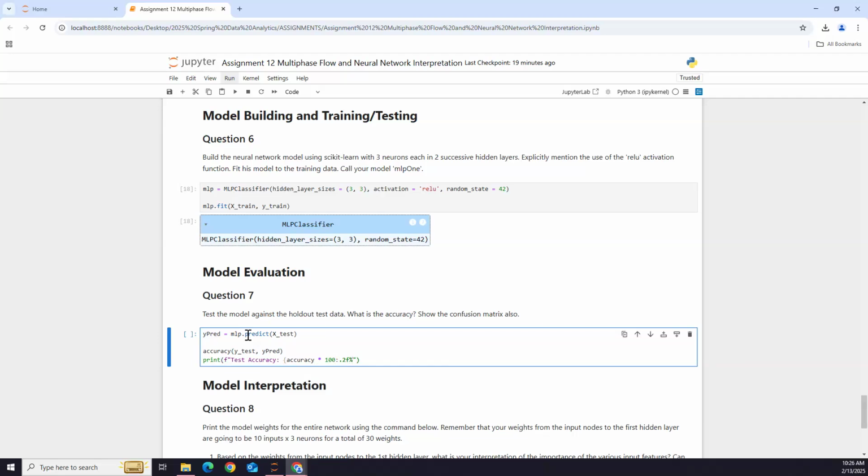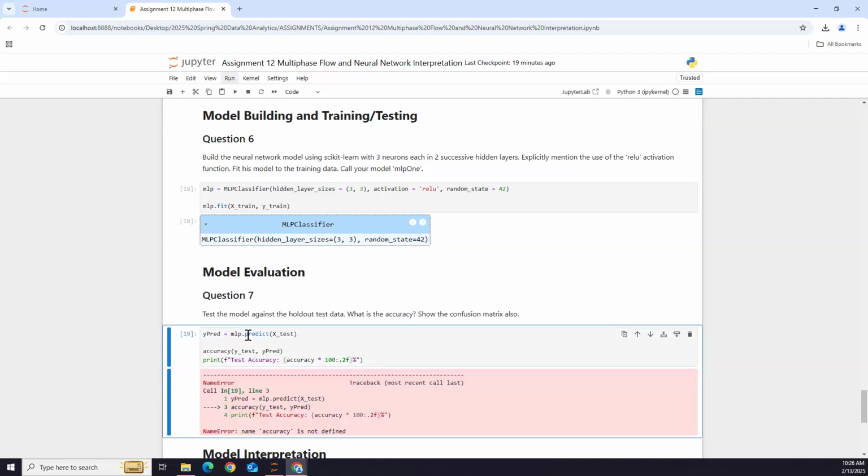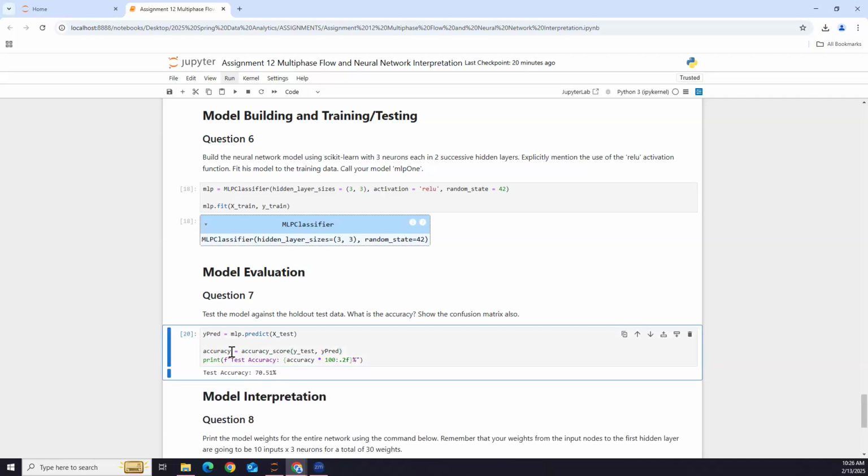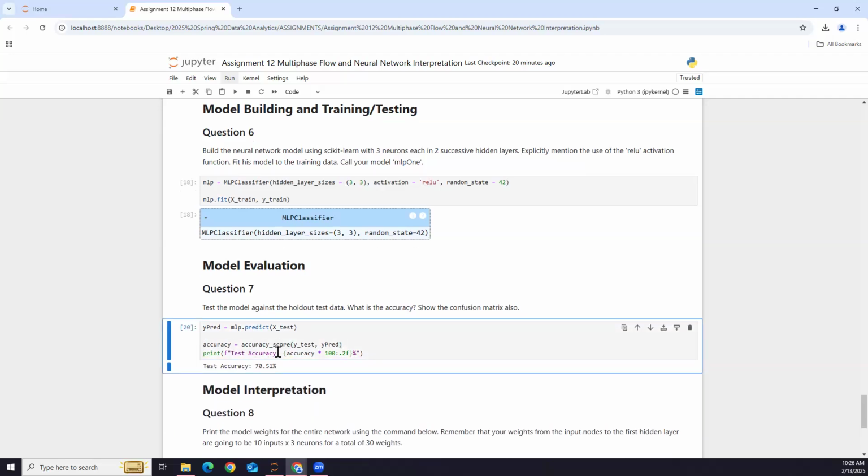All right, so I need to close out the brackets, squiggly brackets, and this is going to give me my test accuracy. And oh, I made a mistake. Accuracy is equal to accuracy score, which is what we use from sklearn. And we get an accuracy of about 70%.